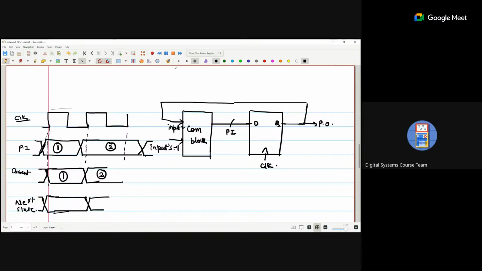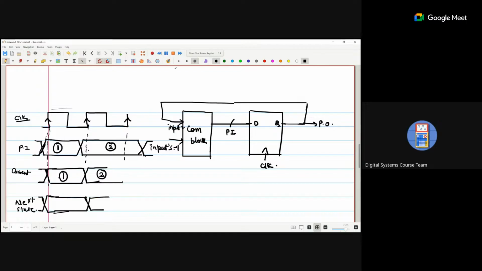Why? Because when the clock pulse changes, at the first clock pulse, if my input is state 1, my current state is state 1. For the second clock pulse, my present input is state 2, so we are getting the current state as state 2. Now what will be the next?